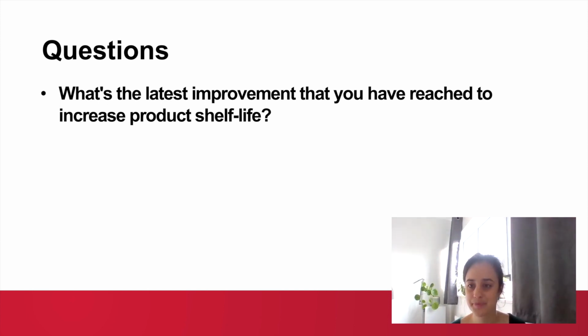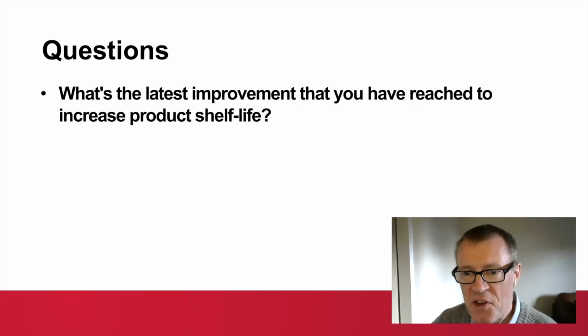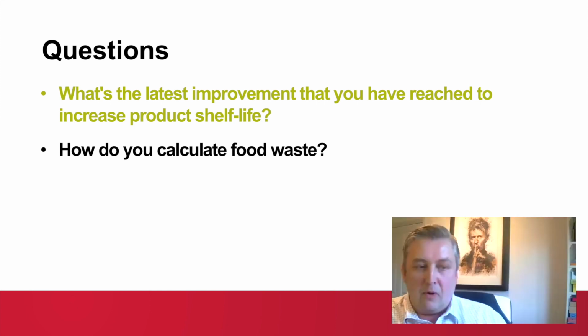Okay, I'll not give you that question, Andy, because you don't process, but you can have the first go at the question on how you calculate food waste. Well, while we were in the orchard, we used the RAP Target Measure Act templates.